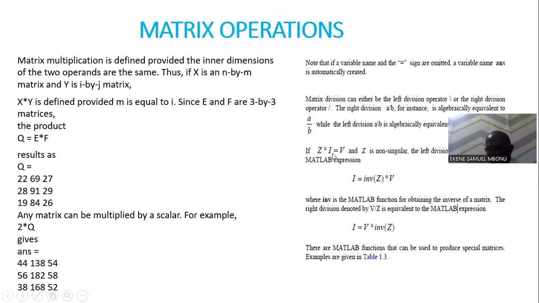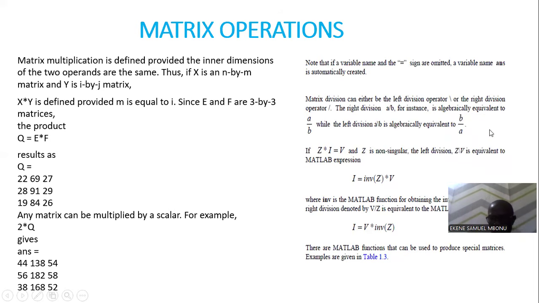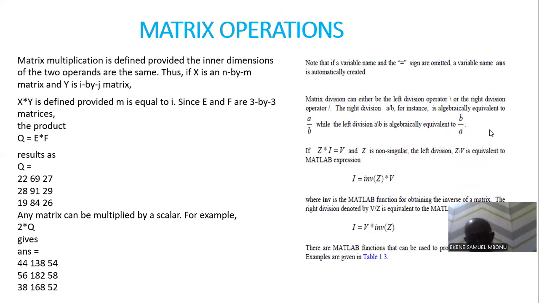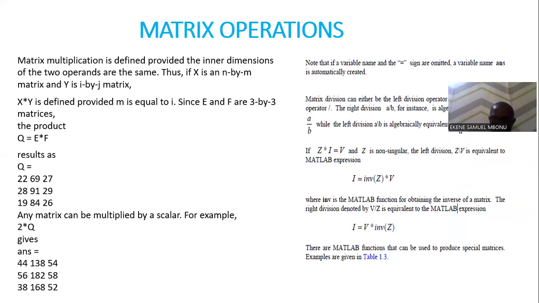If Z times I is equal to V and Z is non-singular, the left division, Z left divided by V, is equivalent to the MATLAB expression I is equal to inverse of Z multiplied by V, and the right division denoted by V over Z is equivalent to the MATLAB expression I is equal to V times inverse of Z. These two expressions are not the same thing.